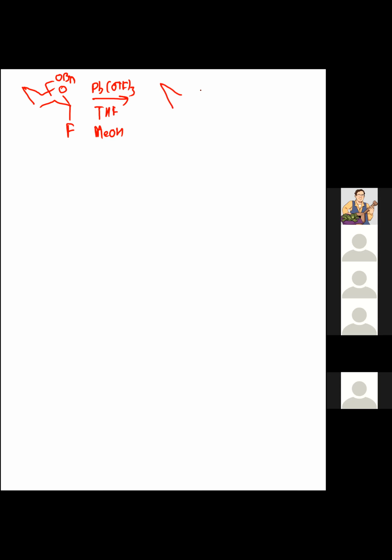And the nice thing again about this, like the BF3, I'm going to write LX here, or OTf X. I'm going to be very unclear about how many triflates are currently attached to lead because I actually have no idea, and I'm not sure anyone does. But we have this interaction now happening. And so this is going to go SN2-like.